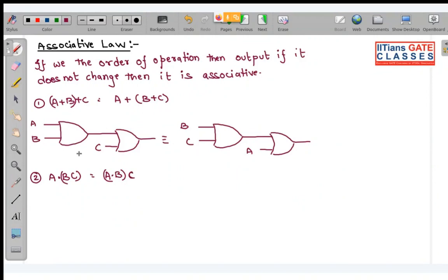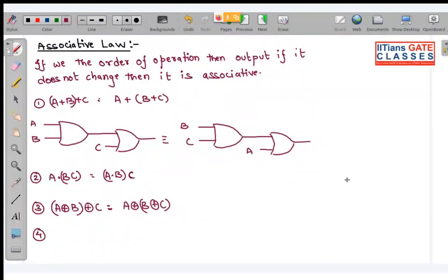So in not gate, it is not even following your commutative law because you just have a single input. Let's solve XOR gate. So do you think this will not be associative?